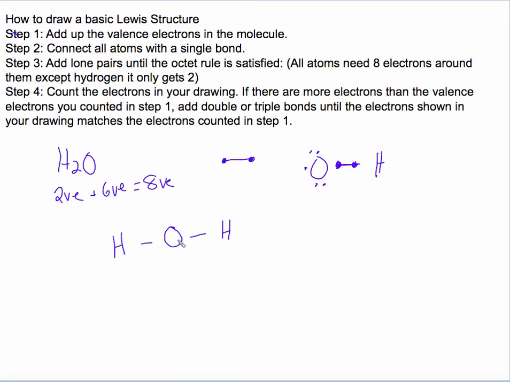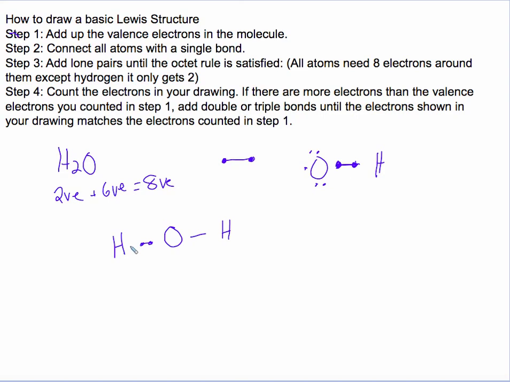Now we're going to add lone pairs of electrons until the octet rule is satisfied. The octet rule is that all atoms need 8 electrons around them except hydrogen, which only gets 2. Whenever you bond hydrogen, these 2 electrons count for 2 around hydrogen, even though one of them is from oxygen. So hydrogen's good.